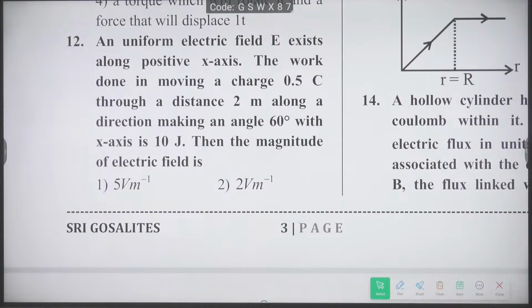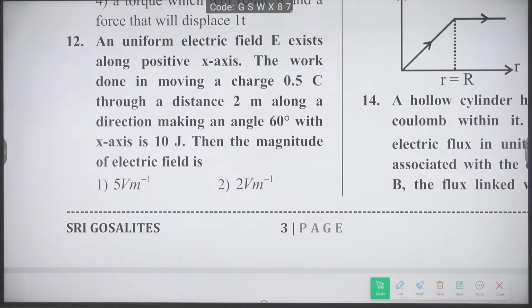Question number 12. Okay, option 2 you are saying.